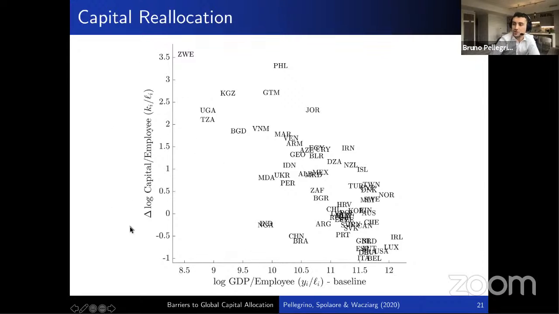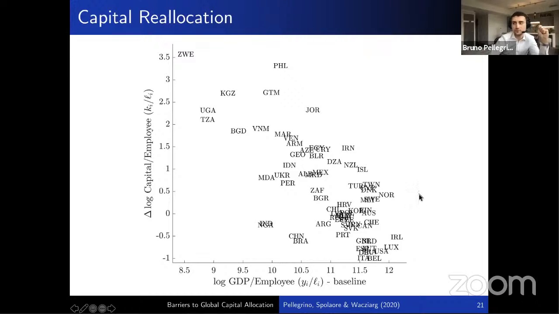Here you can see the relation between the change in log capital per employee and the baseline level of development. And you can see this very strong negative relation. So the countries that lose capital tend to be the richer countries. And this is the reason why you see this drastic reduction in inequality occurring when we remove these barriers.